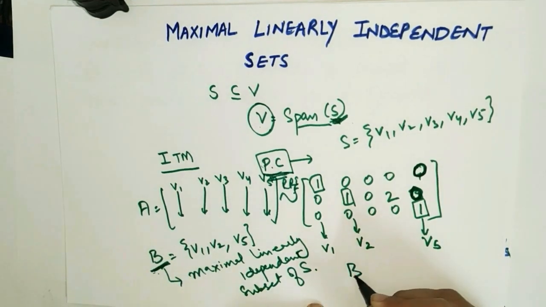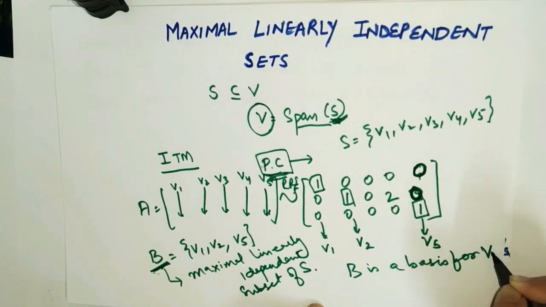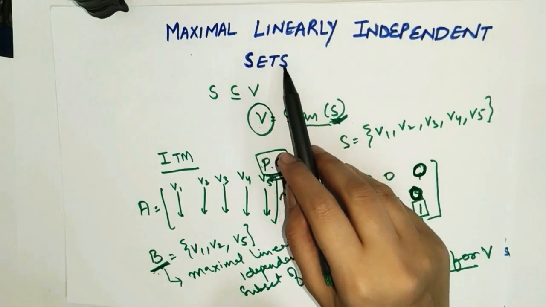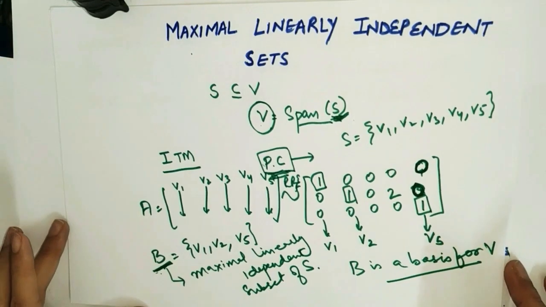So B is a basis for V. So every maximal linearly independent set is a basis. This is what I mean to say.